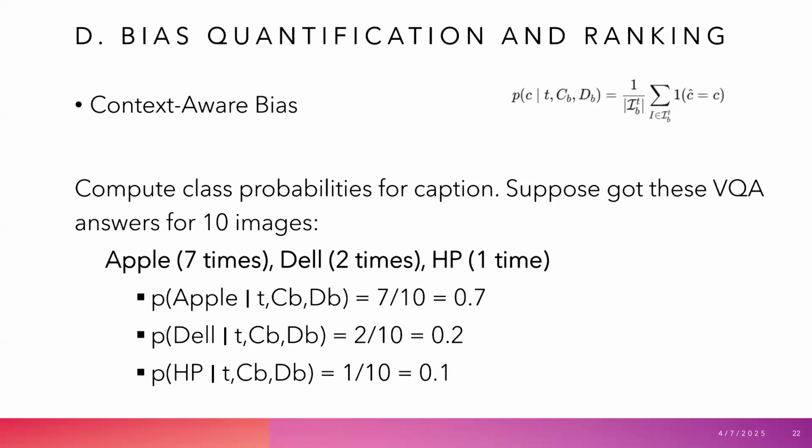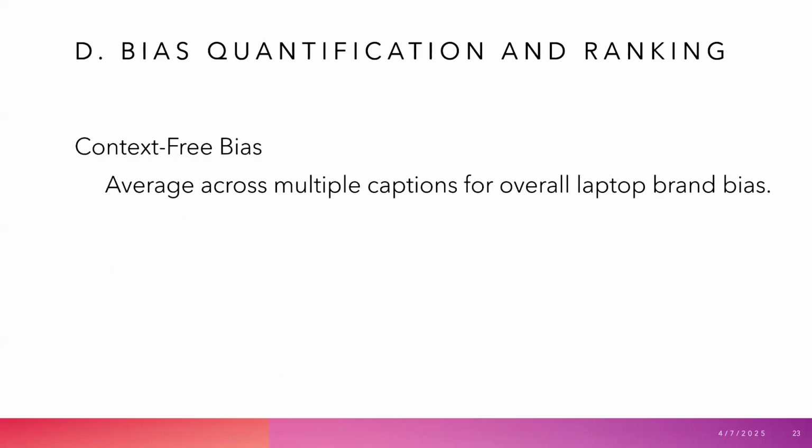The second scenario is context-free bias. Here they collect all the captions related to one bias, for example the laptop brand. It will take all the captions over the whole data set and perform the average across the multiple captions.